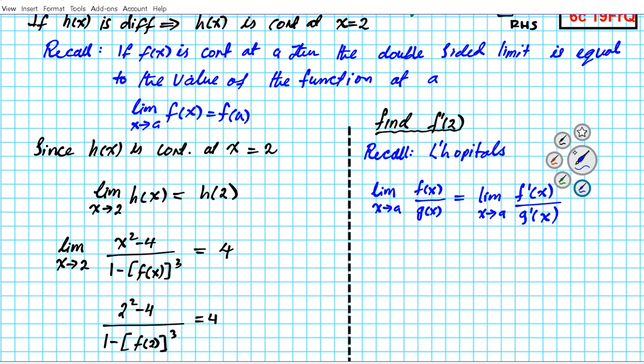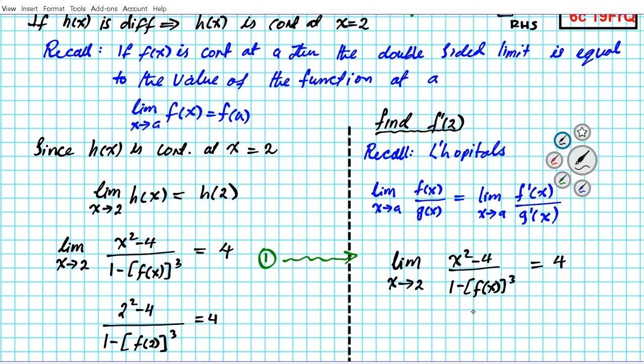The goal is we're trying to introduce a derivative component into the equation. So take a look at the equation we set up in the first part. That's going to be our starting point. We have the limit as x approaches 2 of x squared minus 4 over 1 minus f of x raised to the third is equal to 4. We already got that from this part.